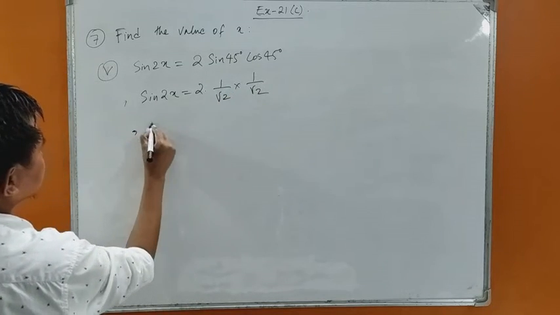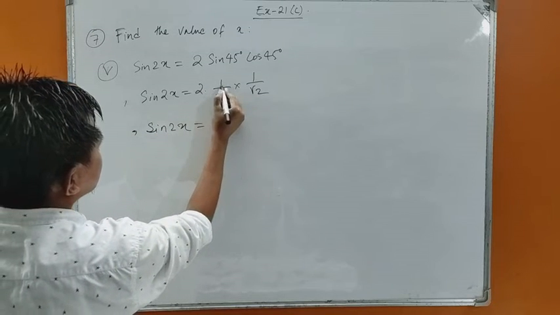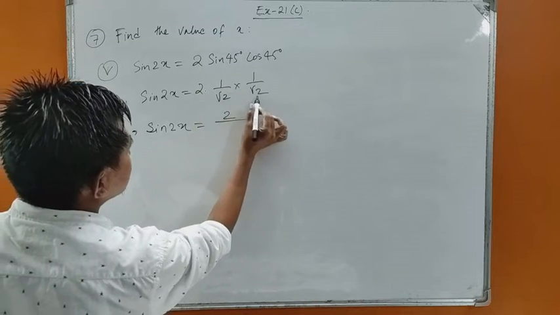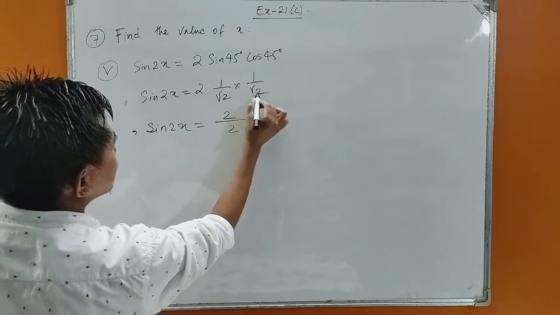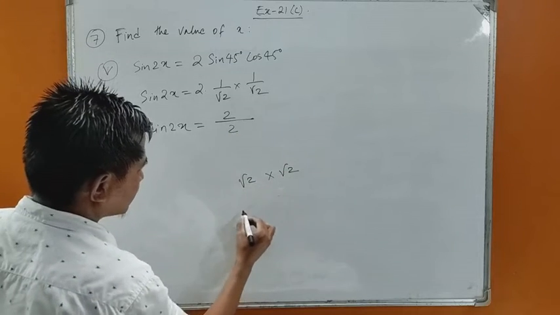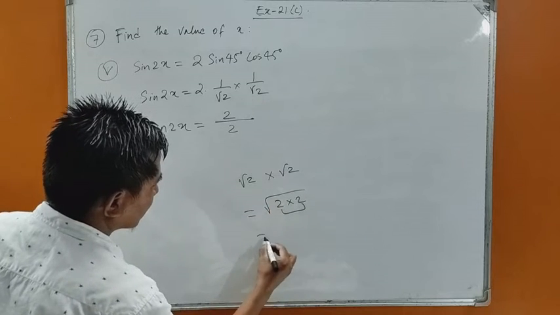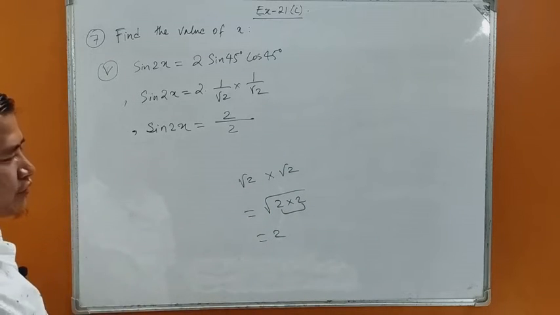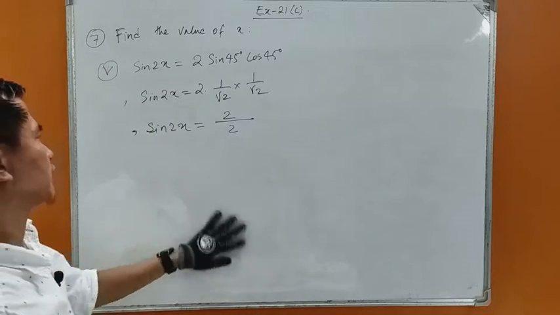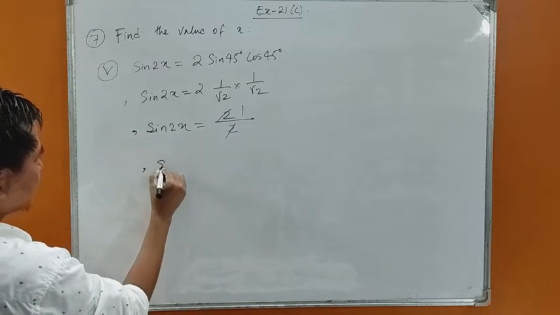So sin 2x equals 2 in the numerator, in the denominator root 2 into root 2. Make the pair and take it out, free from the root. Similarly root 3 into root 3 is 3, root 4 into root 4 is 4.